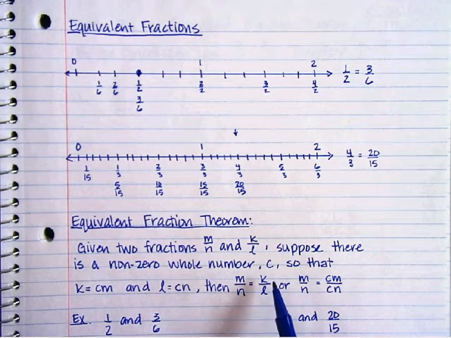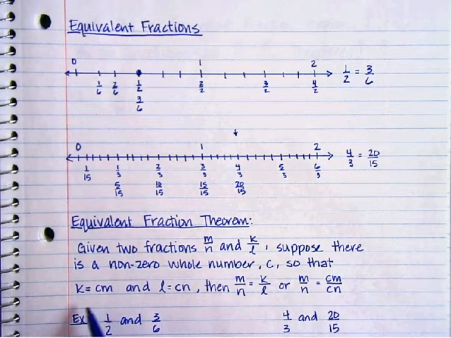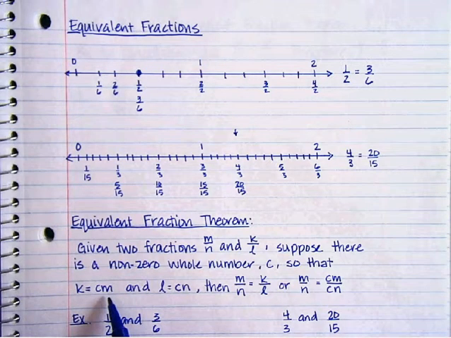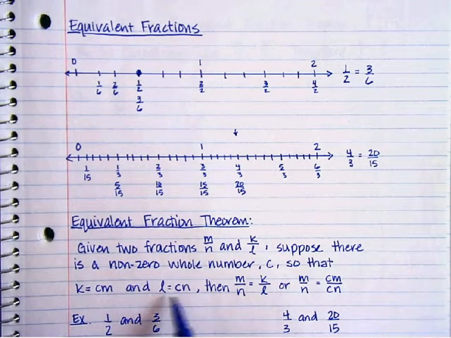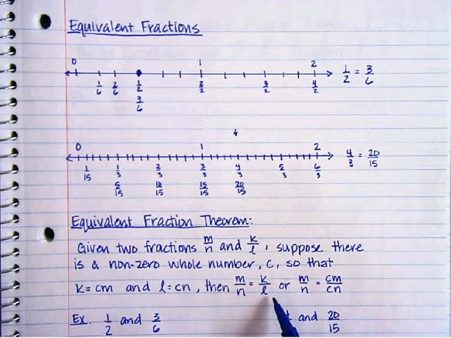So we're going to add another symbol, which is a whole number, so that k is equal to c times m, and l is equal to c times n. If you do that, then m over n is going to be equal to k over l.